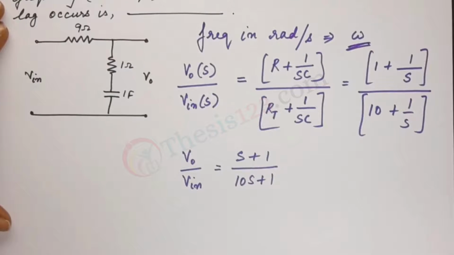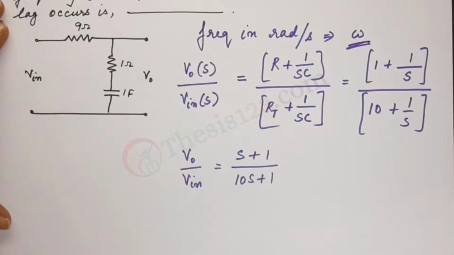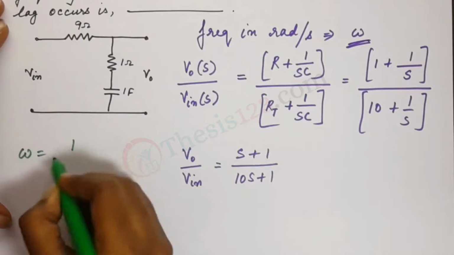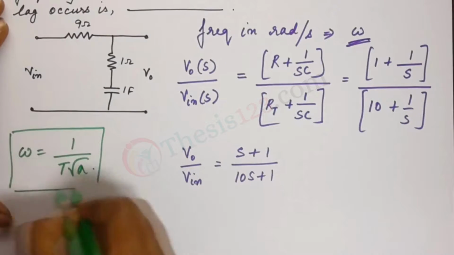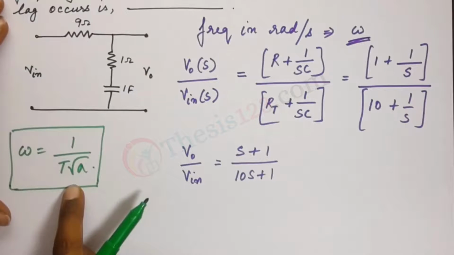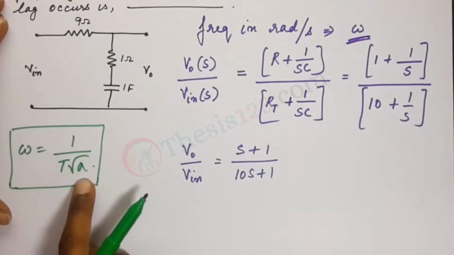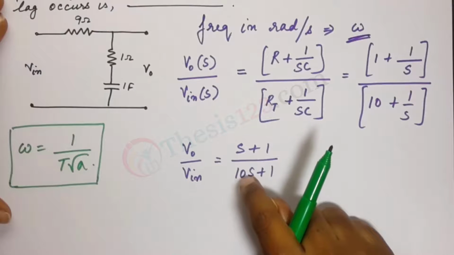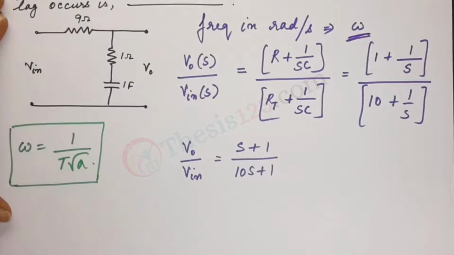Okay, so omega, the frequency, here is a very basic, important formula. Omega is equal to 1 by T root A. It'll do good to remember this. Now, the values of T and A will correspond to the coefficients of S in the ratio of output by input.